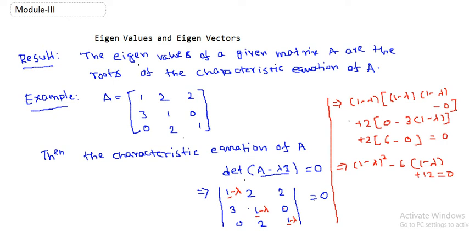Now we have to find the roots of this characteristic equation. That may be a difficult task, because actually here we have a cube, so it may give you some difficulties. So I think we are all right till now: (1 minus lambda) whole cube minus 6 (1 minus lambda) plus 12 equals 0.